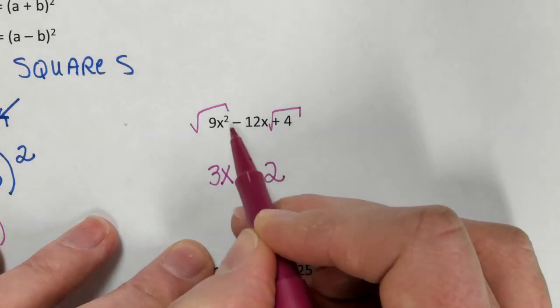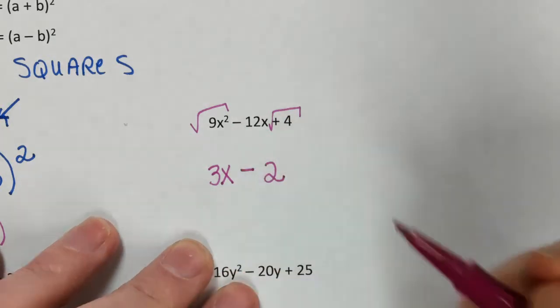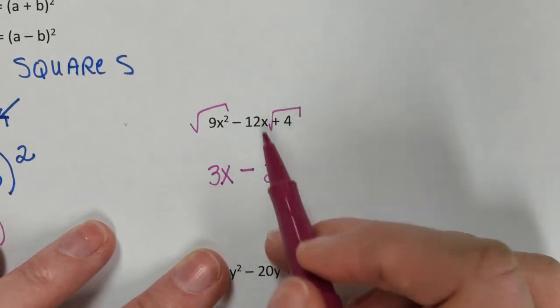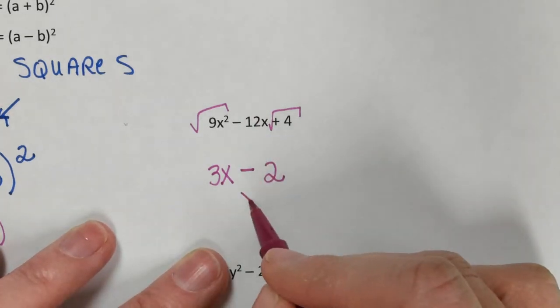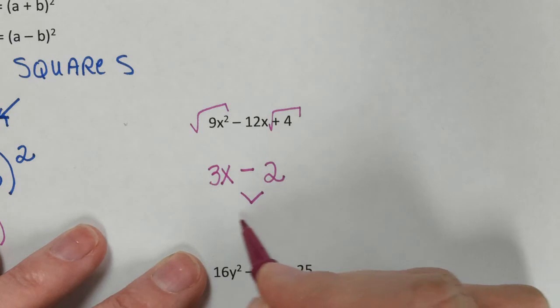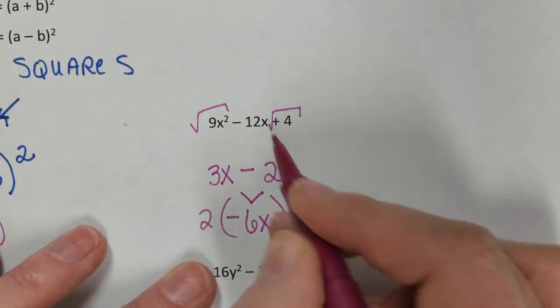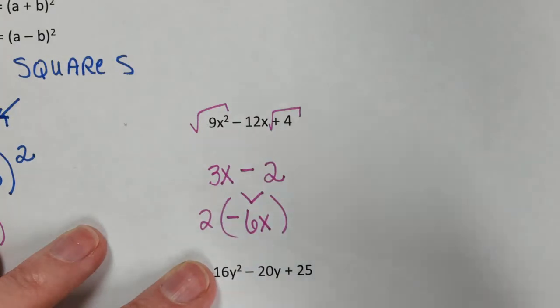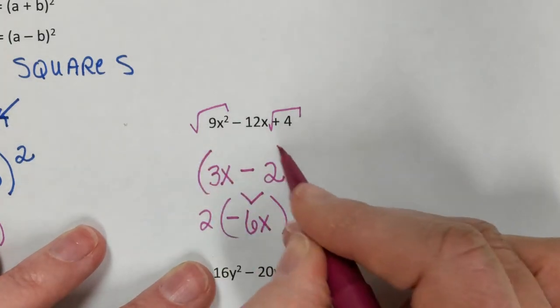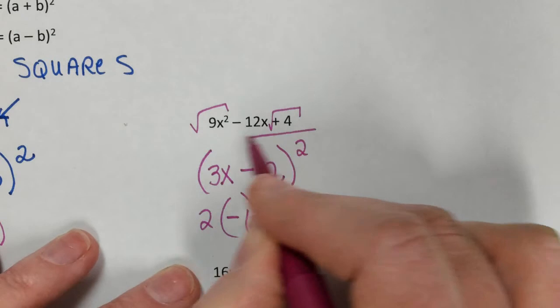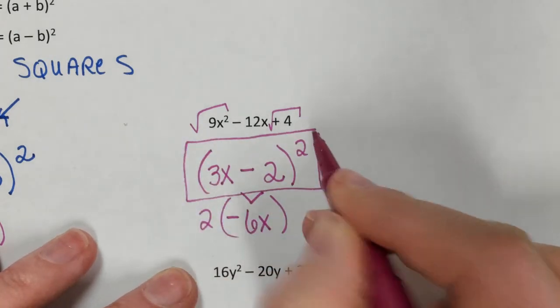Because there is a subtraction sign in the middle, I would put a subtraction. Let's test to see if the middle term works out. Their product is negative 6x, times 2 gives me 12x. So yes, this is a perfect square trinomial, and it factors to 3x minus 2 squared.